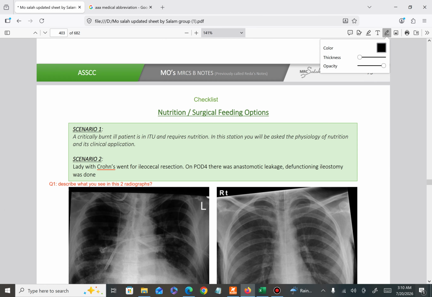Then about nutrition and surgical feeding options. The scenario is a critically ill burn patient in ITU who requires nutrition. In this station, you will be asked the physiology of nutrition and its clinical application. Then scenario number 2 is a lady with Crohn's who went for ileocecal resection.